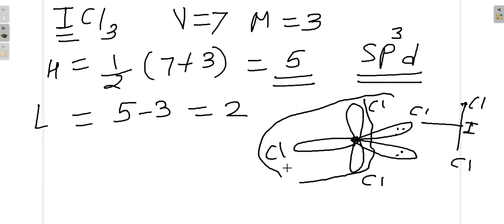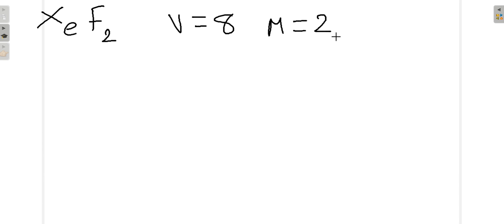Okay. Now let us consider another molecule. Say XeF2, xenon difluoride. It's a halogen compound and xenon is an inert gas. Number of electrons is 8, number of monovalent atoms is 2.